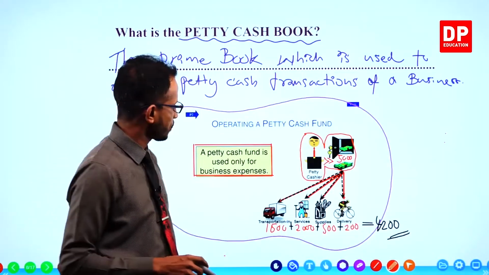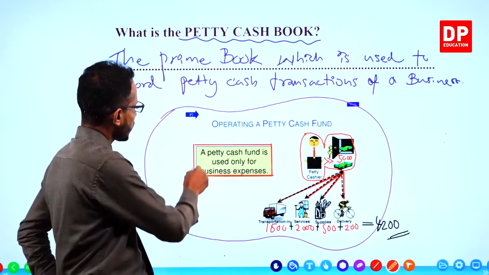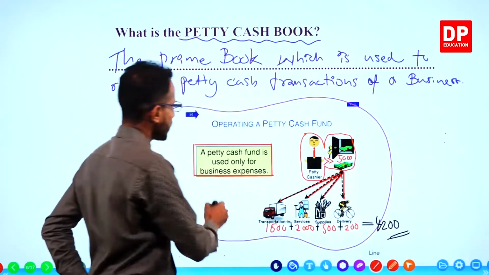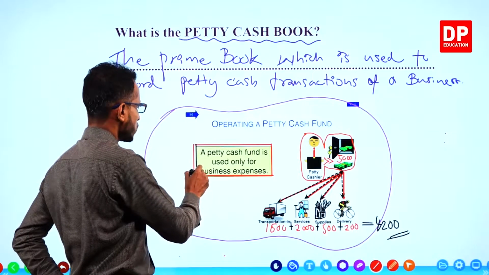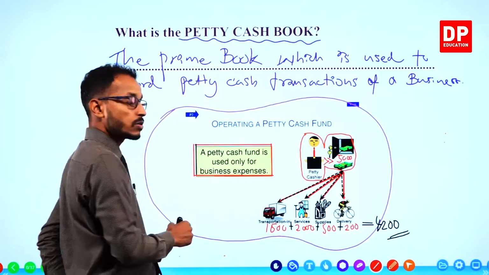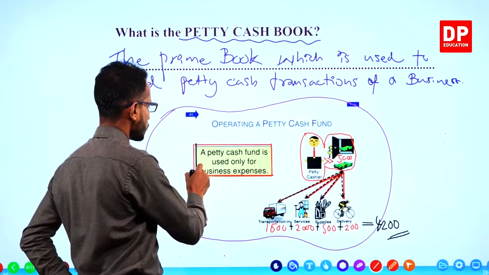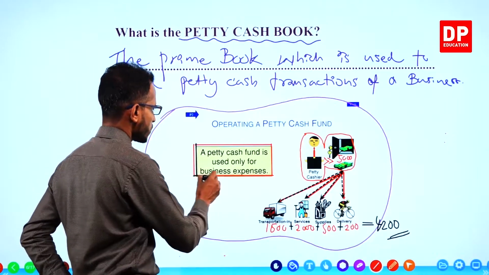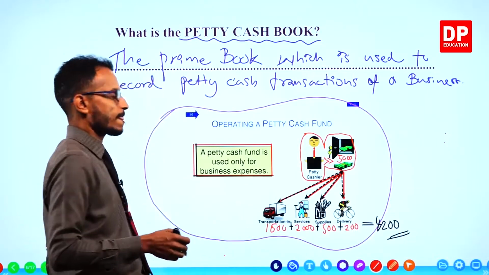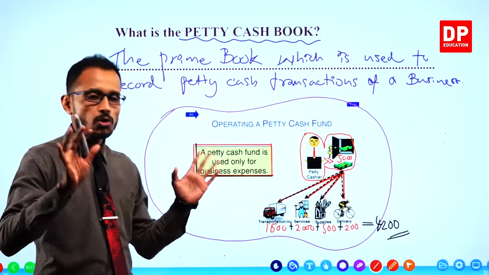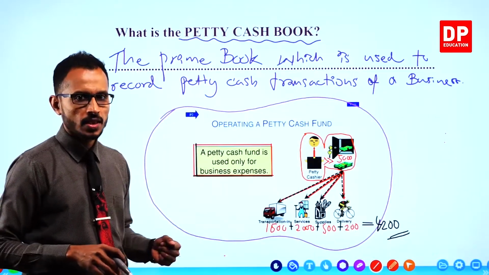Got it? That's why they say petty cash fund is used for business expenses, but small daily expenses.